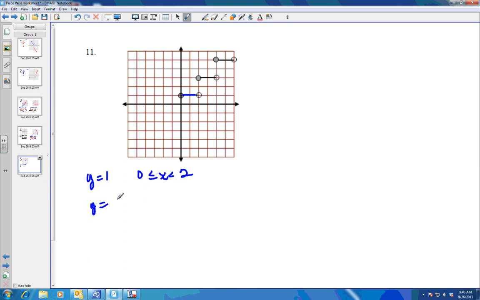This one is going to be y equals 3 from 2 to, where does that end? 4. This one is what? 1, 2, 3, 4, 5. And it starts at 4 and ends at 6.